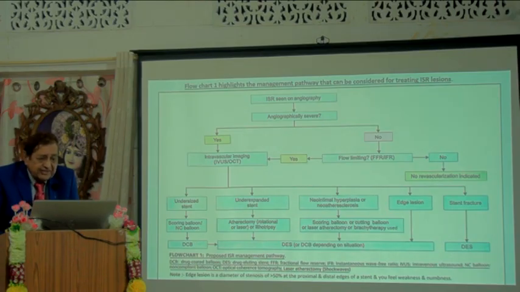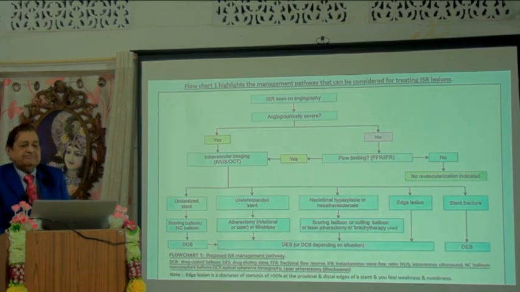And if we see that an undersized stent is there, then what to do? Then go for scoring balloon or non-compliant balloon, and then you can deploy the drug-coated balloon. And if you see in IVUS or OCT an unexpanded stent, then go for atherectomy, rotational or laser, or lithotripsy.